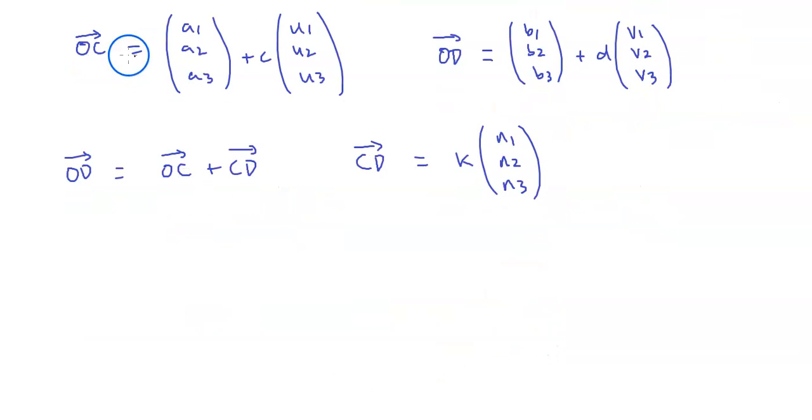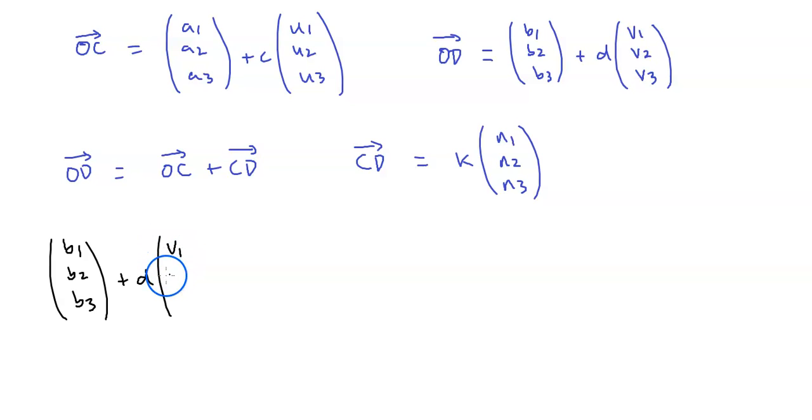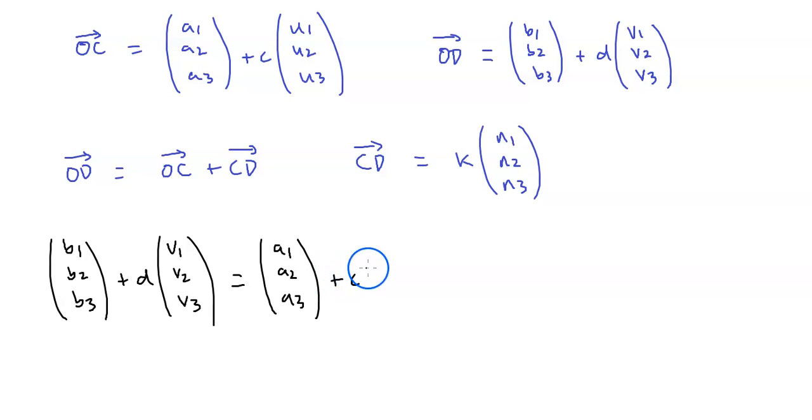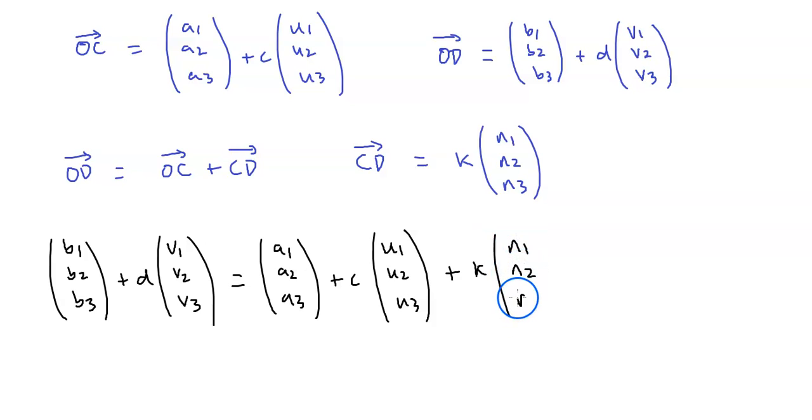And so writing this out completely, we have that OD, which is (b1, b2, b3) plus d times (v1, v2, v3), is equal to OC, which is (a1, a2, a3) plus c times (u1, u2, u3), plus CD, which is k times (n1, n2, n3).